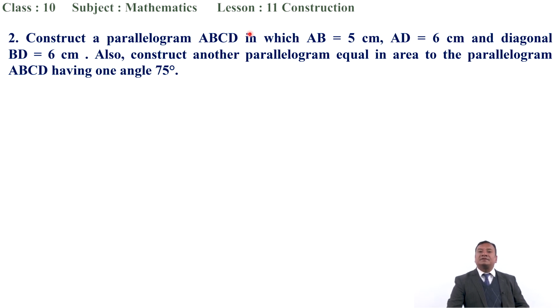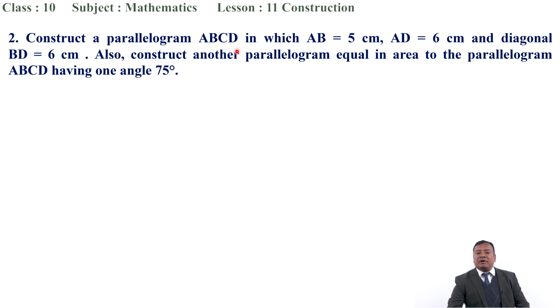Then according to this given information we first have to construct parallelogram ABCD, and then as in the previous way we have to make another parallelogram in which one angle is 75 degree. Instead of this angle, a side may be given here. Okay, these types also we will discuss.